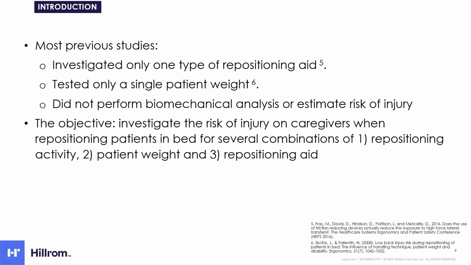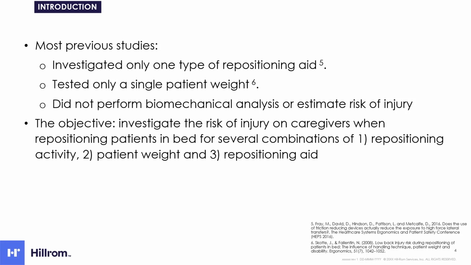Most previous studies investigated only one type of repositioning aid, tested only one single patient weight, and did not perform a biomechanical analysis or estimate the risk of injury. So in other words, the relative benefits of using different repositioning aids when handling patients of different body weights is still not clear.